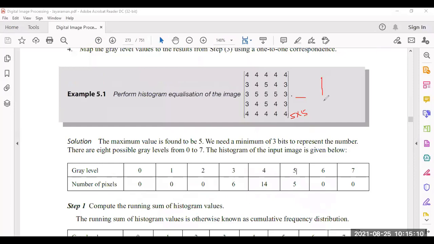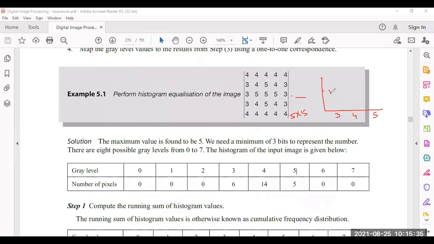I will take the values. There is no 0, no 1, no 2, then 3, 4, and 5. I have to count the number of times 3 occurs. Now 3 occurs how many times? 1, 2, 3, 4, 5, 6 times. Suppose I take the axis as 2, 4, and 6.